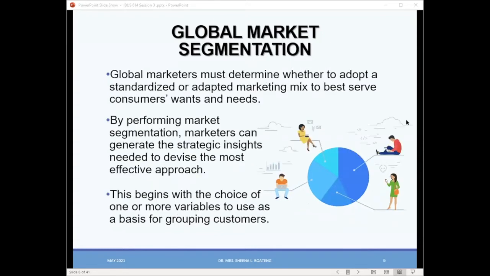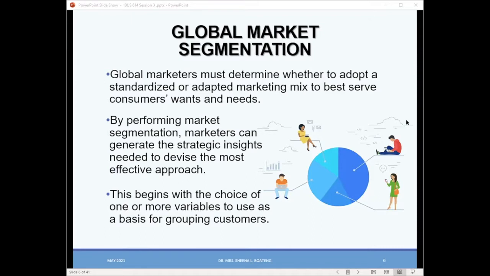So still on the issue of global market segmentation, we are saying that global marketers must determine whether to adopt a standardized or adapted marketing mix to best serve their consumers. And we are saying this because remember in the beginning in explaining global market segmentation, we said that these customers that are placed in segments have to share certain attributes in common and they have to exhibit similar responses.